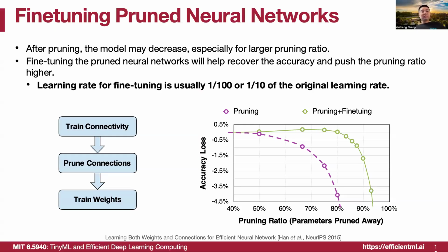So here is the basic pipeline of deploying those pruning methods. First, we train to get the connectivity, and then we prune the connections. And after we get the topology of the pruned neural network, we can train the weights again to recover the pruned neural network's performance.